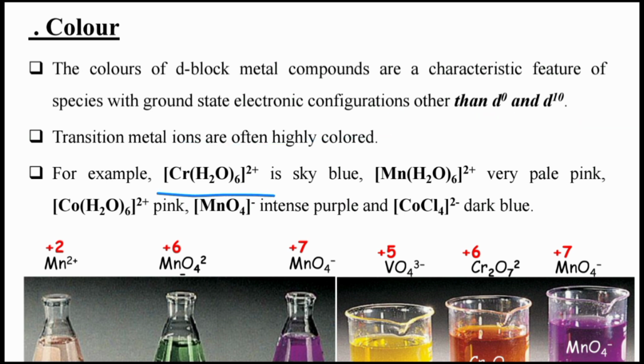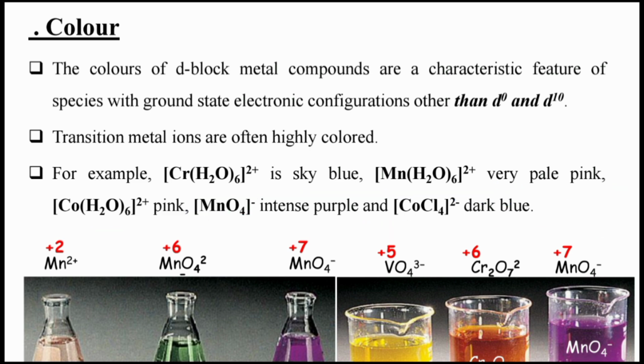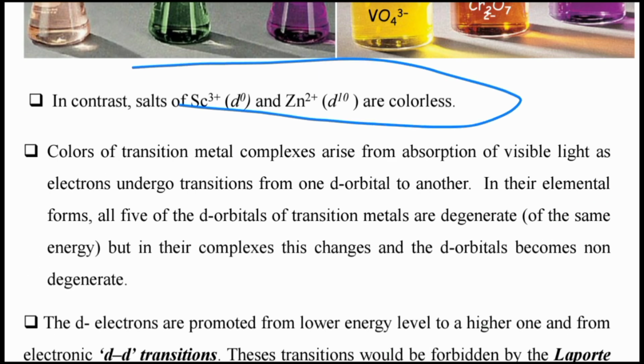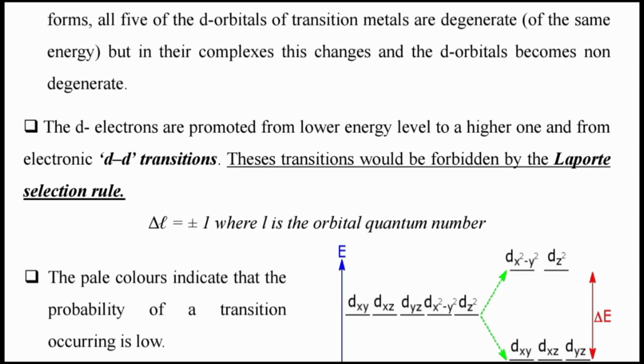Some compounds: chromium, manganese, cobalt, and they show colors here: sky blue, pink, intense purple, dark purple, blue. In contrast, salts of Sc and Zn are colorless because they have no unpaired electrons.